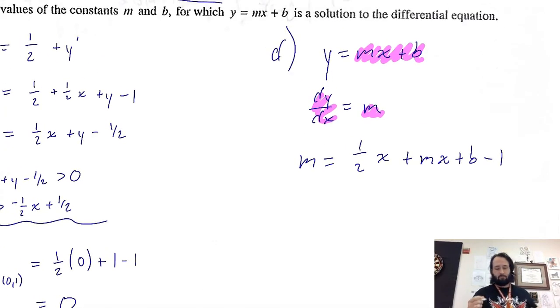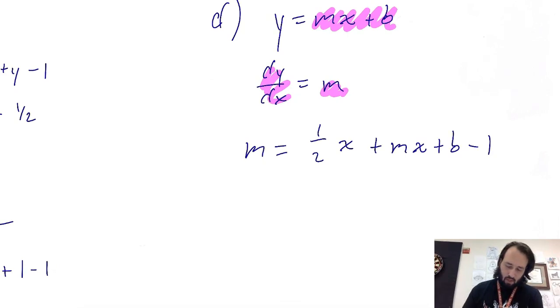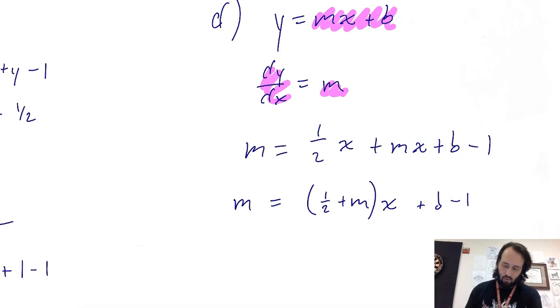Now this is where it gets a little bit weird, a little bit out there. We don't see this question show up very often. If I combine like terms, then m equals 1/2 plus m x plus b minus 1.